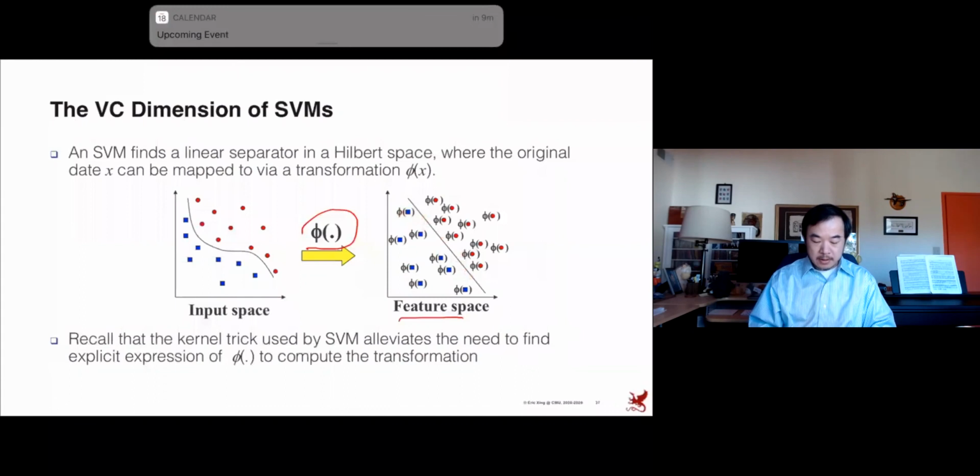And so in this case, how do you calculate the VC dimension of SVM? Well, it becomes very easy because this transformation is implicitly used to transform data. Then you can ask the VC dimension of the hypothesis in the transformed space, which is usually very easy to characterize, because we know that in the space of n dimensions, the VC dimension of a hyperplane is just n+1.